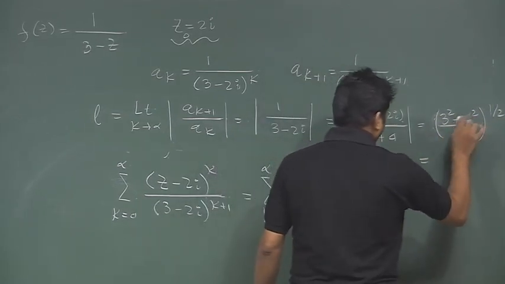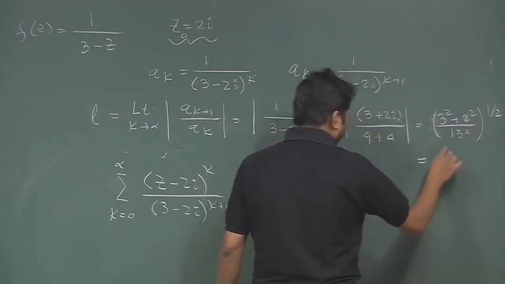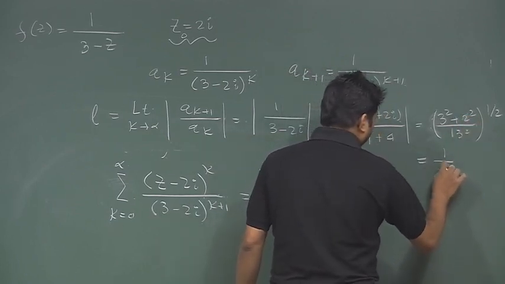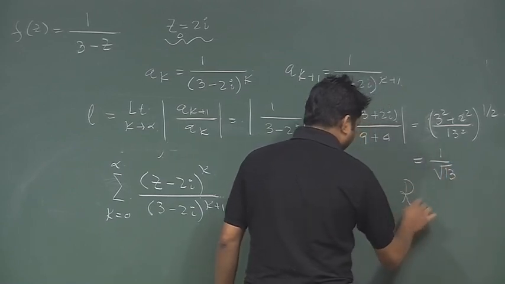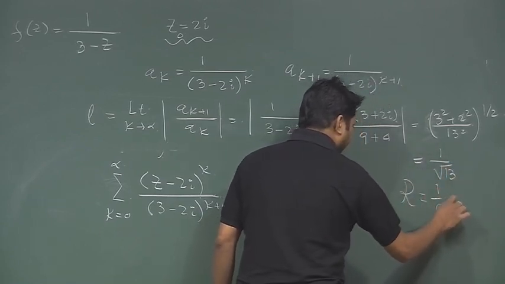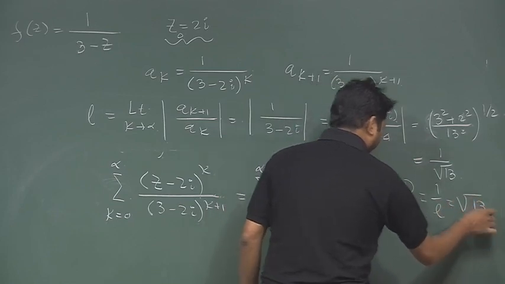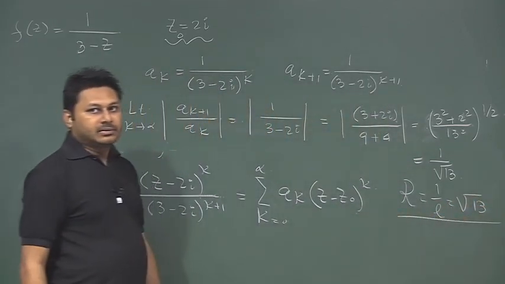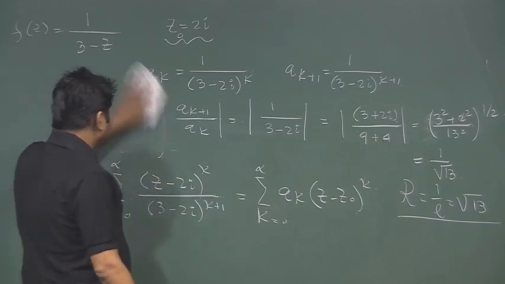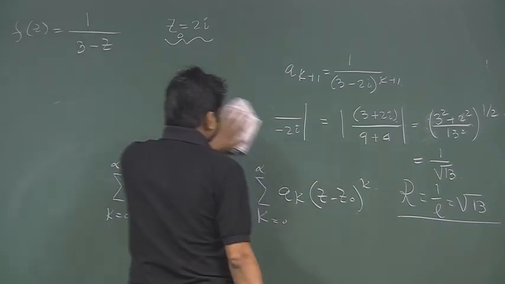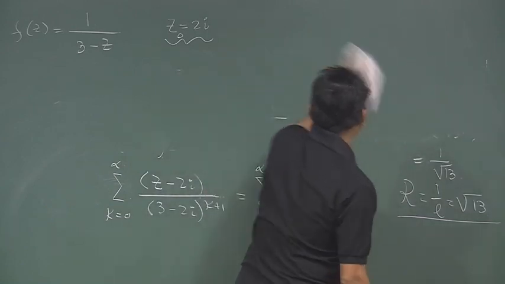So, again 13. So, it will be just 1 by root over 13. So, R, which is 1 by L, will be root over 13. So, I find the radius of convergence here for this particular problem.